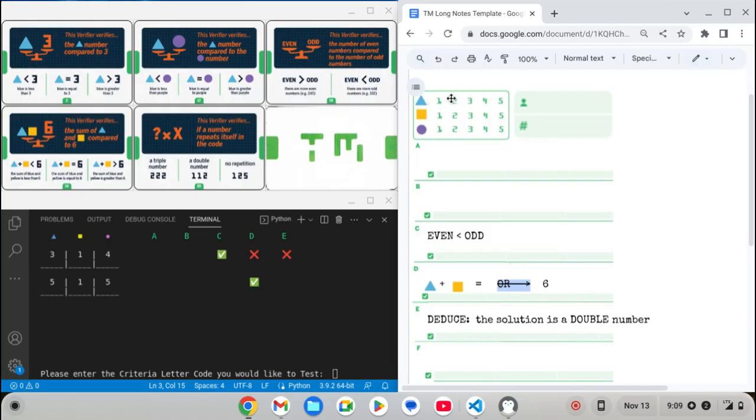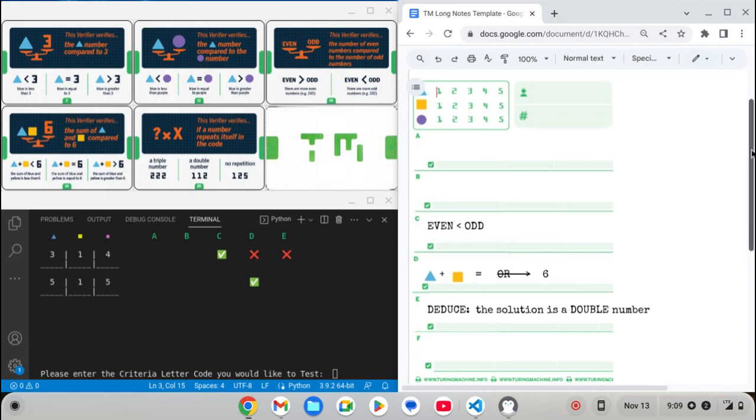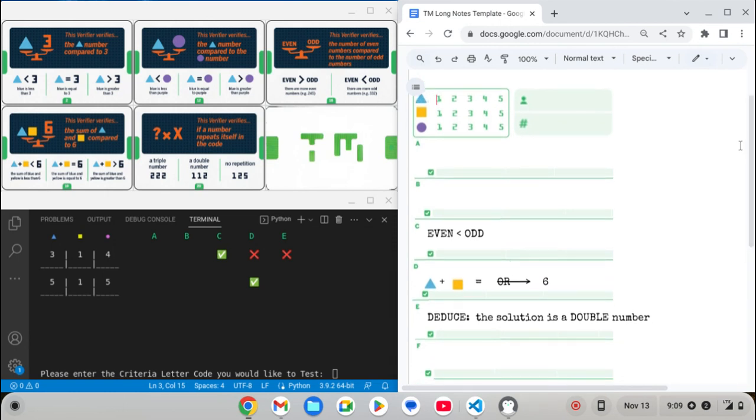And again, it can't be 2, 4 because those are evens. So let's go ahead and I'm going to cross out 2, 3 and 4 for both triangle and square. Okay, and so let's go ahead and test criteria card A.